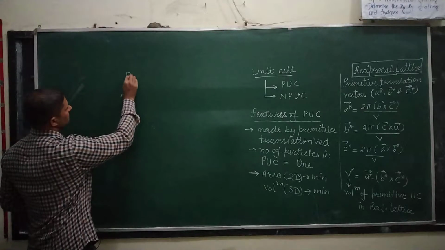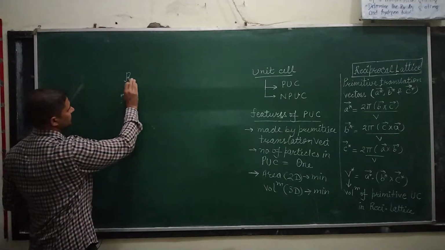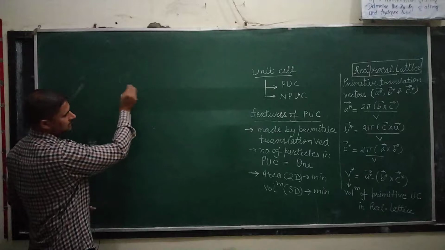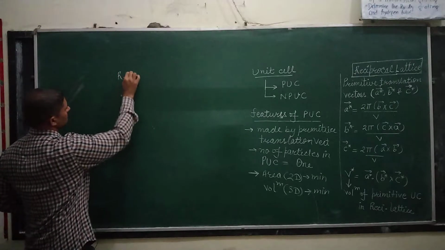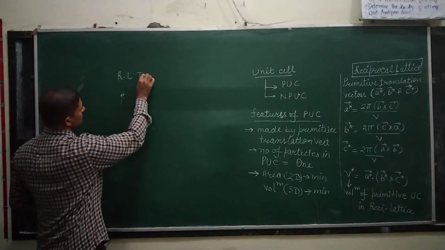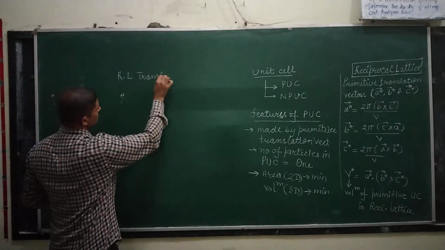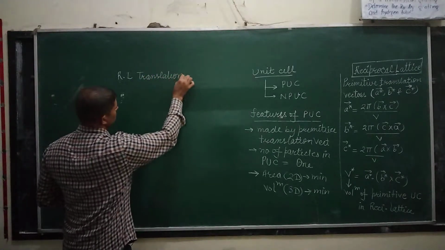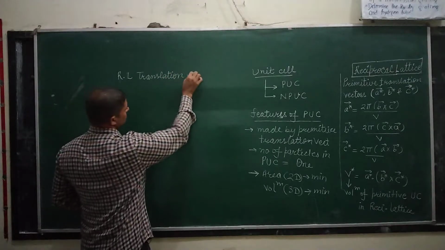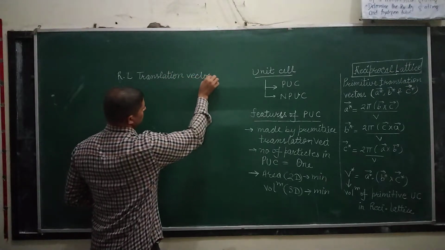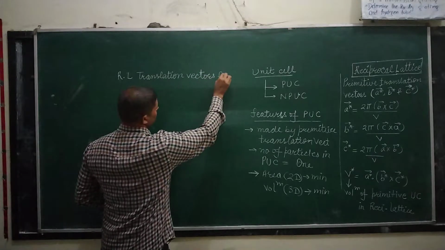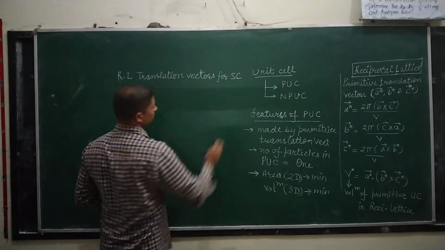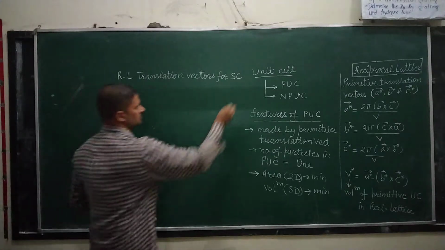We are to find the reciprocal lattice translation vectors for simple cubic.